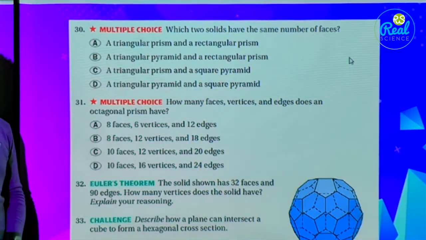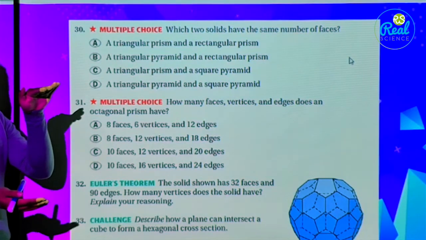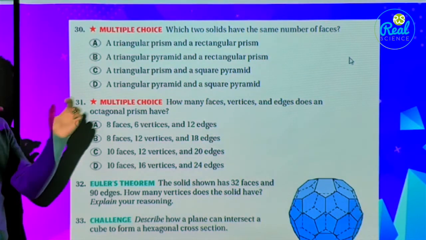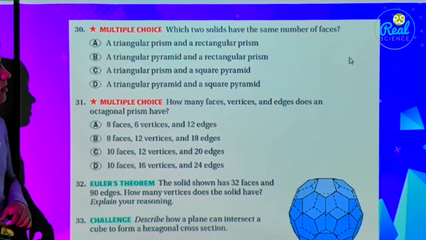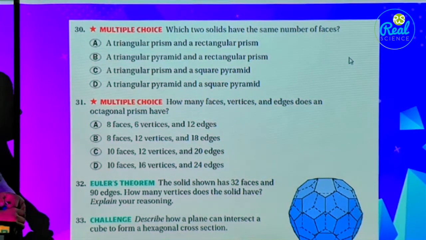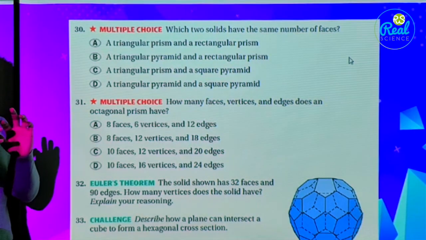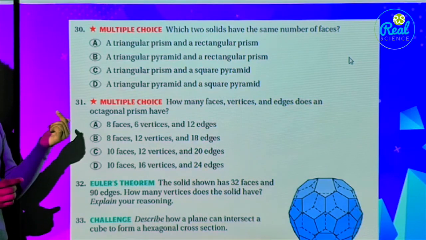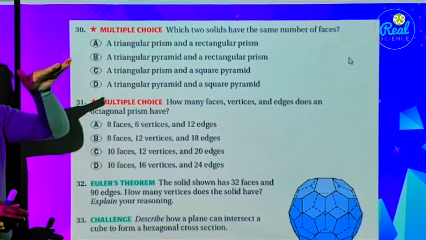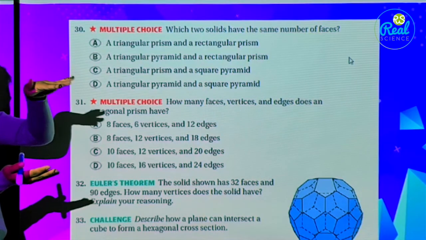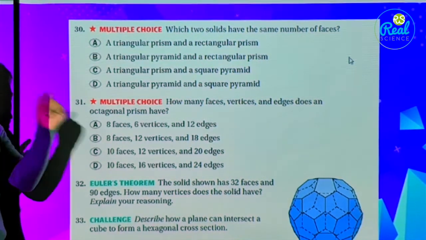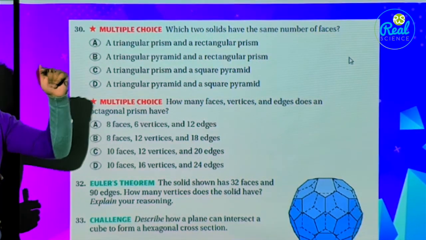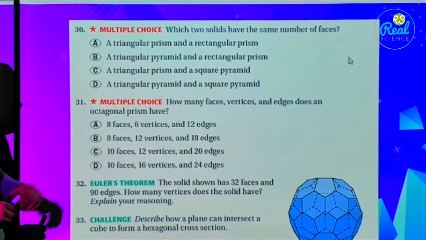Okay, triangular prism means triangles are bases and faces are rectangles. How many faces do we have? 1, 2, 3, and two bases, 5 overall. And rectangular prism, rectangles are bases, and 1, 2, 3, 4, 5, 6. No, they're not the same.